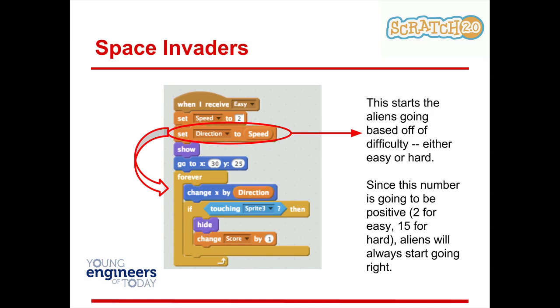But to show you that you can take a variable and then assign a variable to another variable, we can do that. So we set speed to 2, but we can take direction, we can assign speed to that. And then we plug in where that change x, we drop in direction. So in this case, for easy, I'm making that speed, that's only going to change x by 2. And then if I'm touching the laser, hide, and change score by 1.